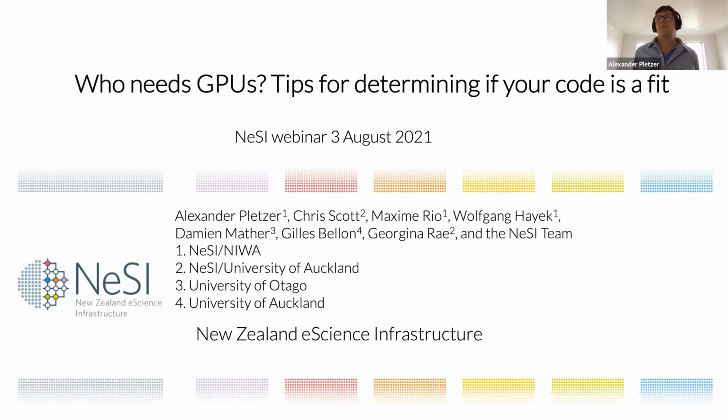One of them is Damien Mather from University of Otago, in the marketing department, and Gilles Bellon, at University of Auckland, and we're working with him on a reduced quasi-equilibrium climate model. Georgina Ray and of course the NeSI team were all instrumental in getting the GPUs running at NeSI, so we're very much indebted to them as well.